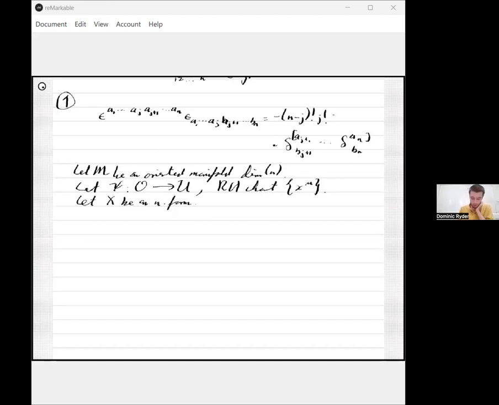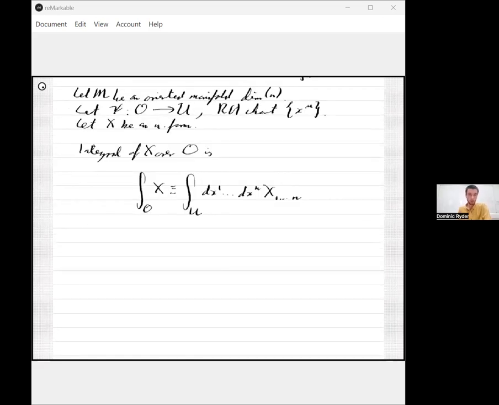Then the integral of chi over the region O is defined by dx1 to dxn, chi 1 to n. That's how we define our integration of an n form over some region.